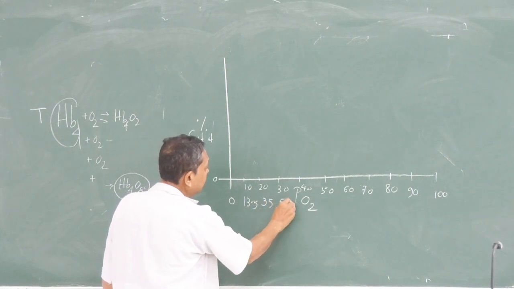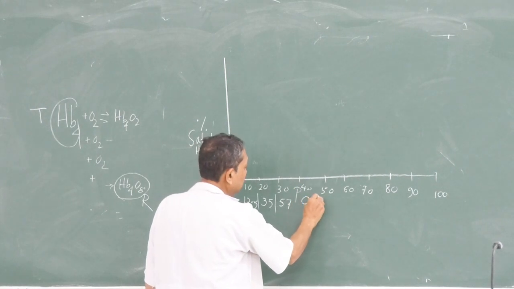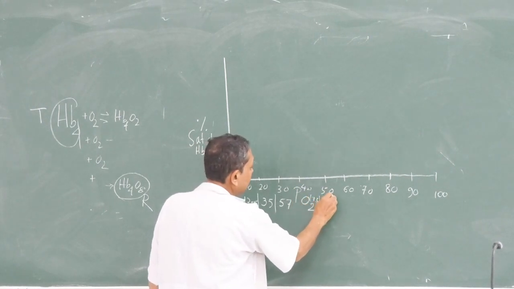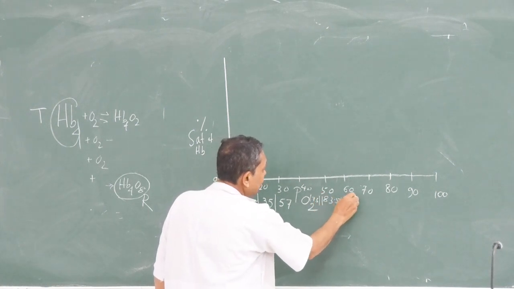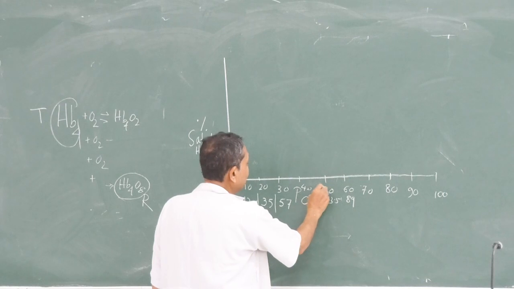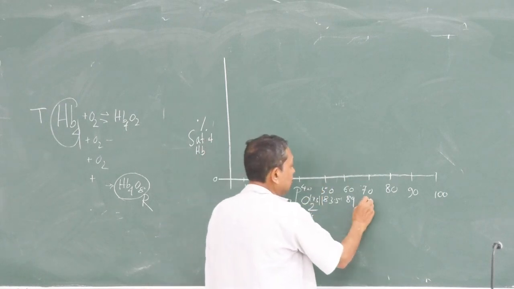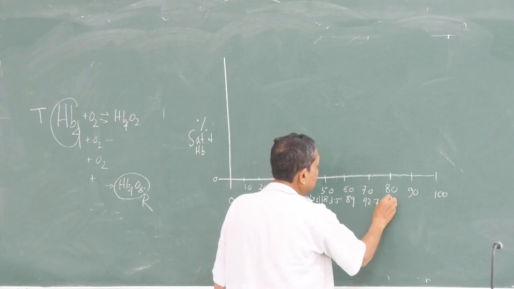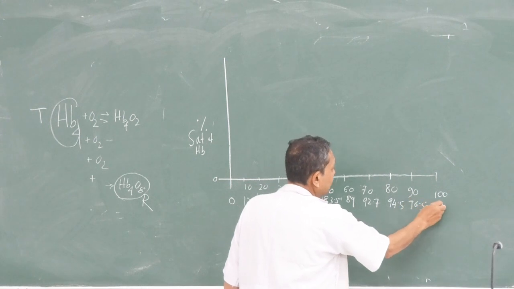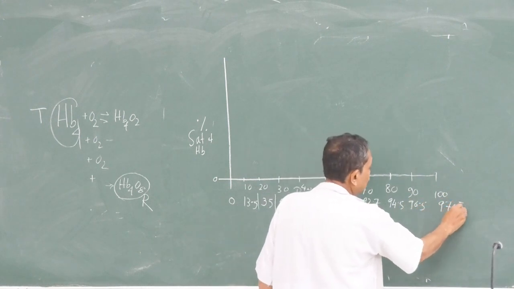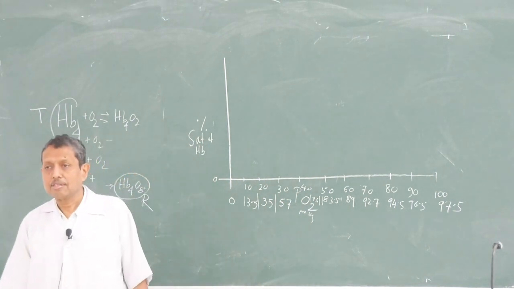At 30 it is 57% saturation. At 40, it is 75. At 50, 83.5 in this case. And it is 89 at 60 millimeter of mercury. Then 92.7, 94.5, 96.5, and 97.5. These are the saturation.